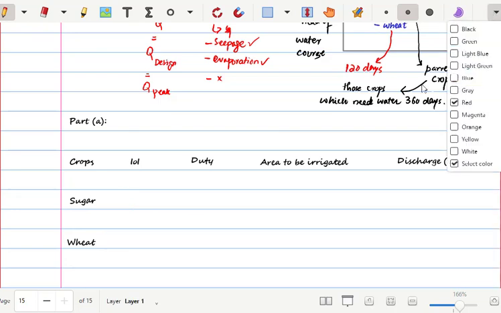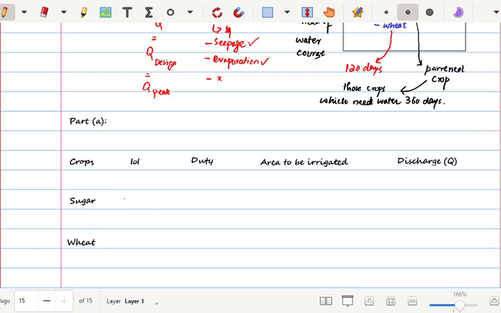IOI, intensity of irrigation, for sugar is given to us, which is 20%, right? For wheat it is given to us 40%. What are the duties given to us? Duty for sugar given to us is 730, and the unit of duty is hectare per cubic, right? And for wheat it is 1800, right?